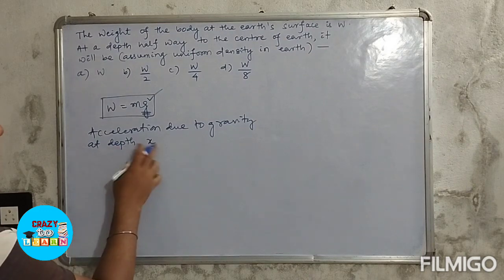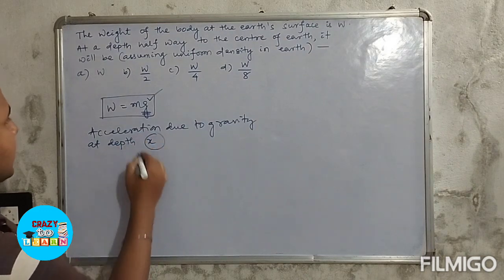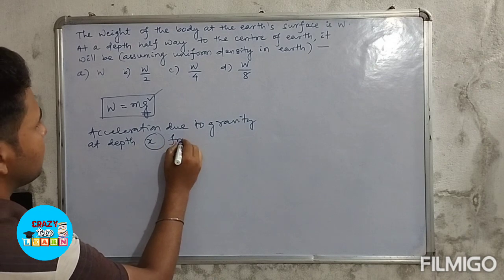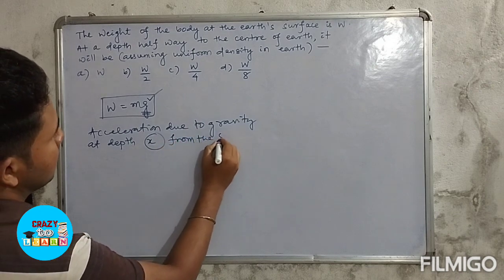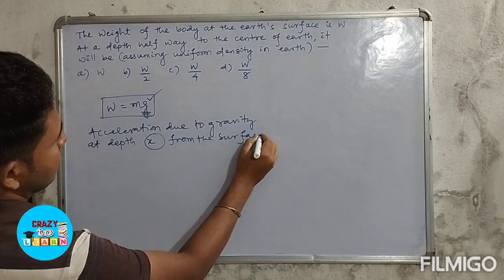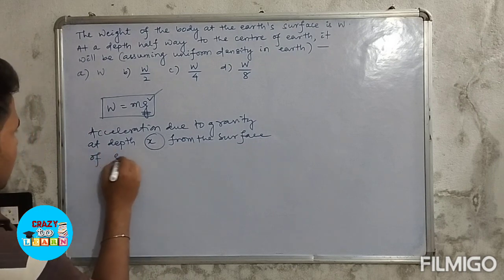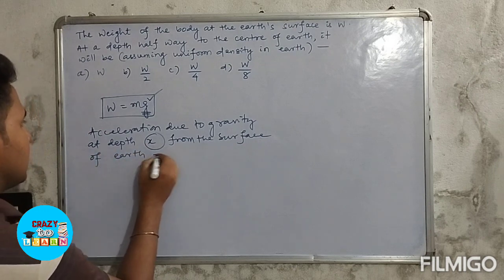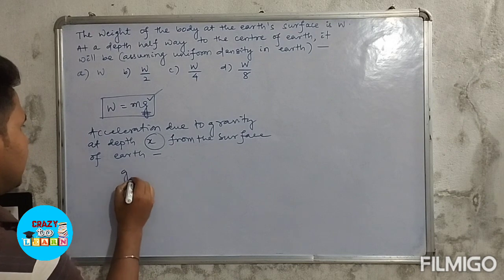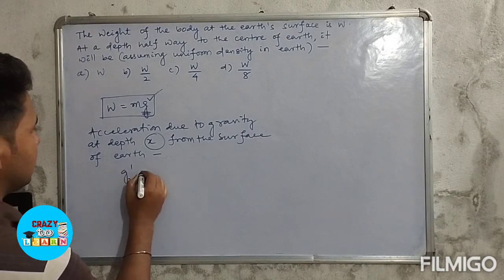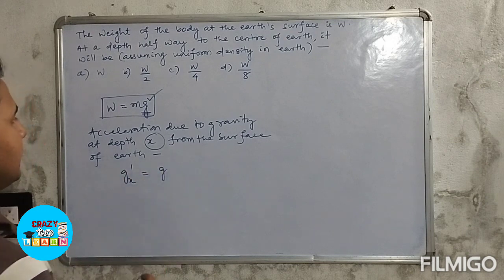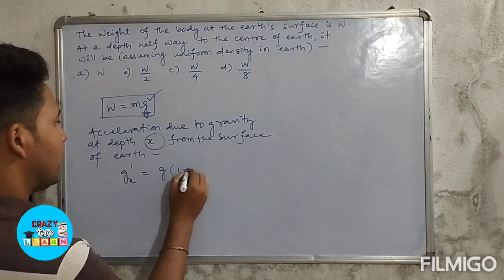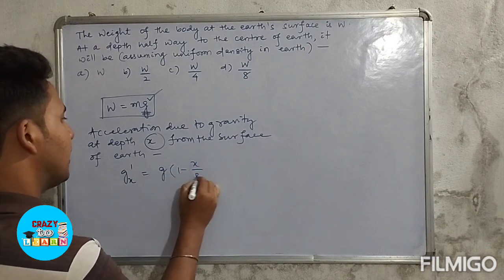The acceleration due to gravity at a depth x from the surface of the earth: g x dash is equal to g into 1 minus x by r.